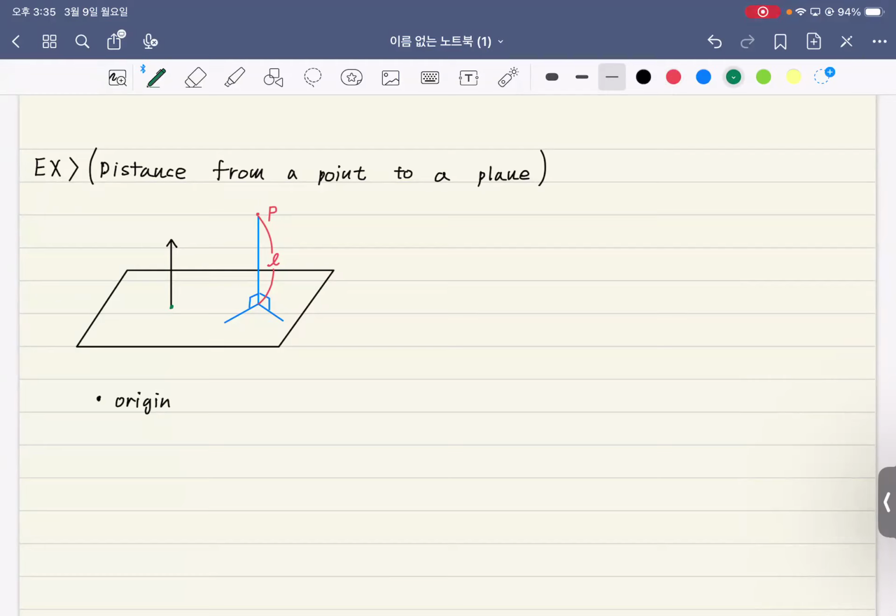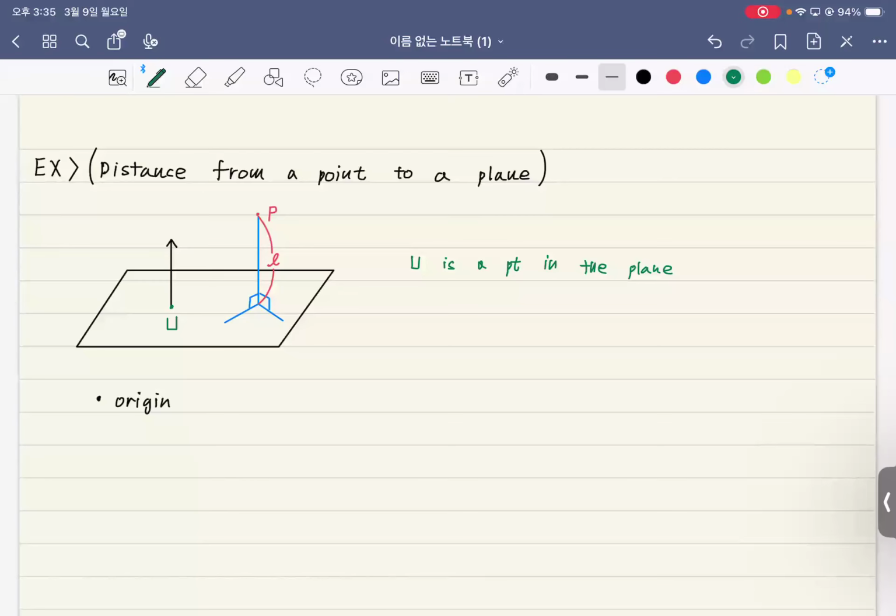Just choose any point in your plane, which I will call U. So U is just a point in the plane.